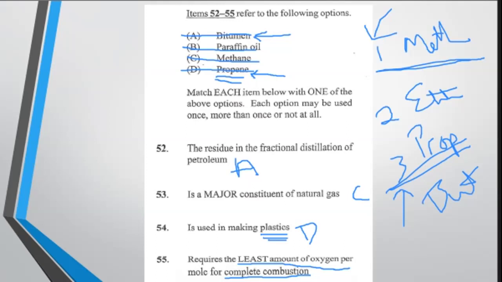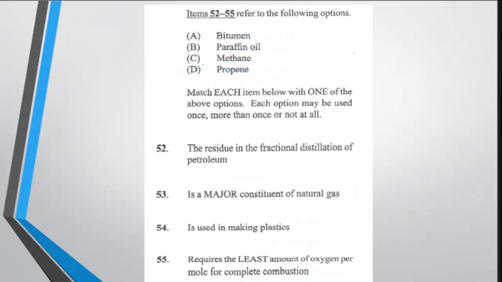It's the same reason why a vehicle that uses diesel, the gas would take a longer time to run out in the diesel engine than if the person was using premium gas or super, right? The gas takes a longer time because diesel has more carbons present in it than the premium fuel or the super fuel, right?